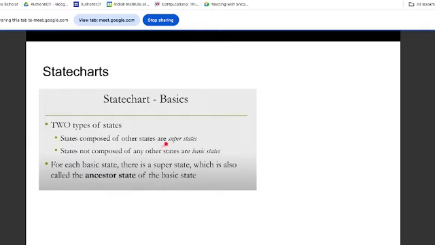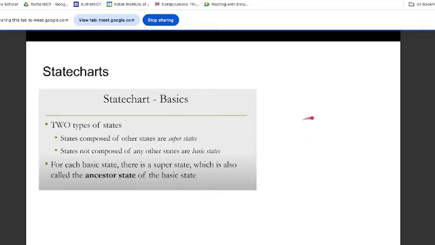There are two types of states: the super state and the basic state. A super state encompasses basic states, so it contains some basic states. The basic state is represented using a circular notation, and the super state is represented using a rectangular box around the basic state.